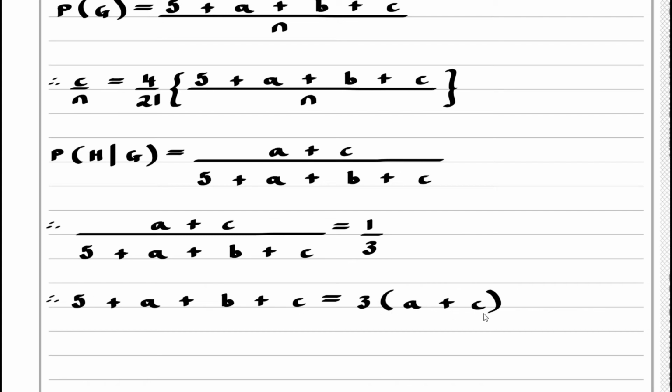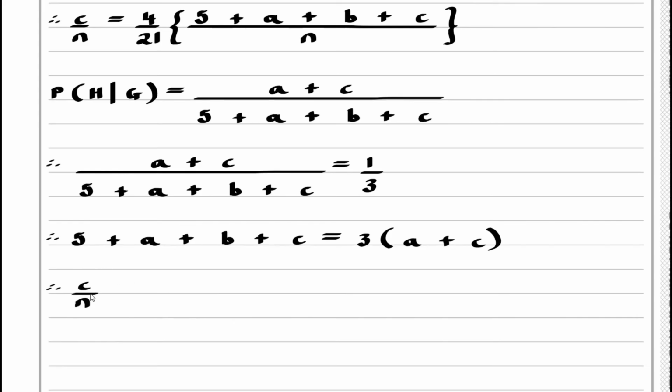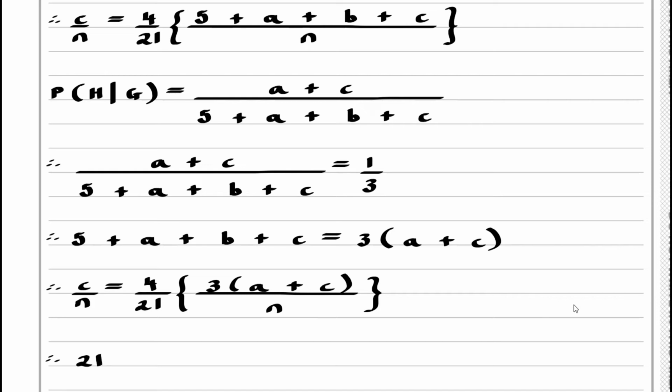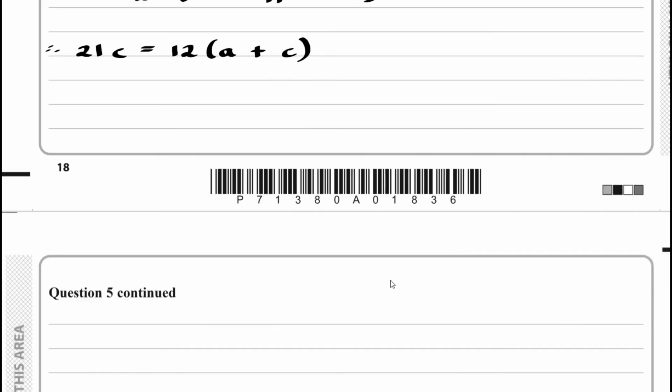That's 3 multiplied by A plus C. So we replace as necessary, and that leaves us with C over N equals 4/21 multiplied by 3 multiplied by A plus C over N. And if I multiply through by 21, the Ns cancel on both sides, and then if I do the 4 times the 3 times the A plus C, what we will be left with is 21 multiplied by C equals 12 multiplied by A plus C. So we have 7C equals 4A plus 4C, leaving us with C equals 4/3 A.